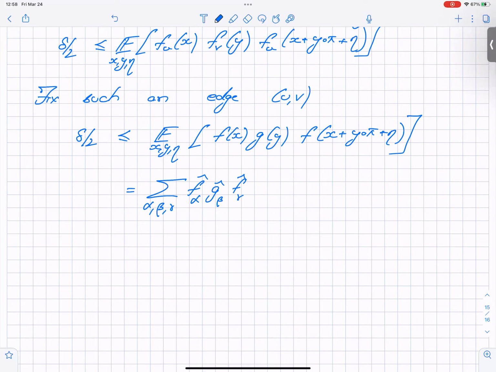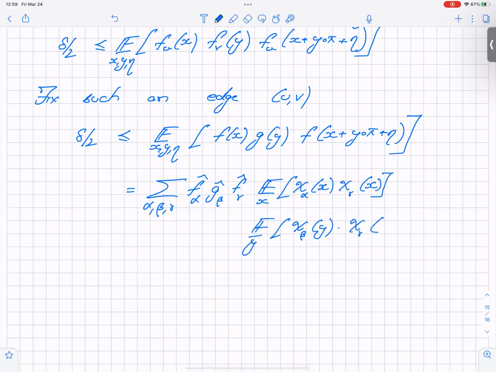Alpha, beta, gamma are ranging over different spaces, because one is a function on 0,1 to the L, the other is a function on 0,1 to the R. G is shorthand for f_V, and f is shorthand for f_U. This gives the expectation over x of chi alpha of x, chi gamma of x, times the expectation over y of chi beta of y times chi gamma of y of pi. We can assume alpha equals gamma.